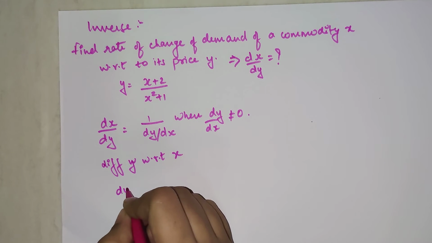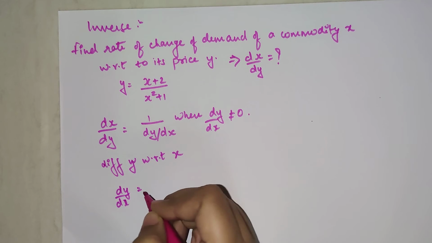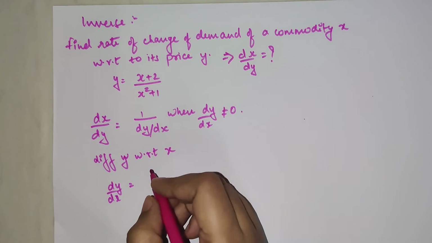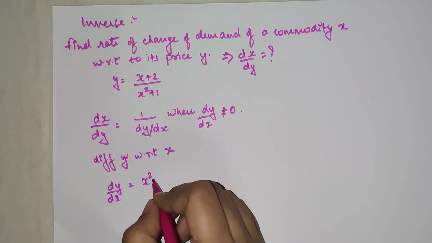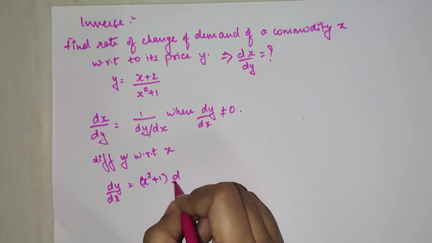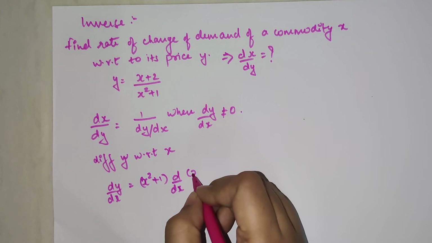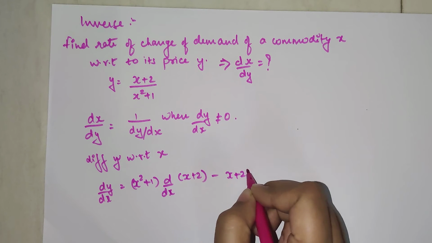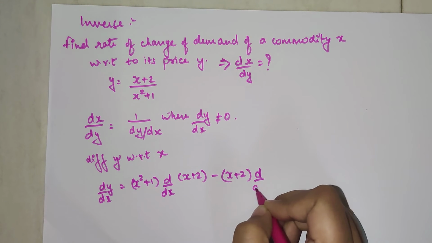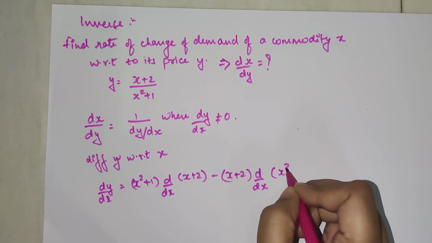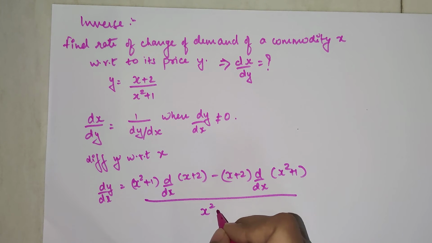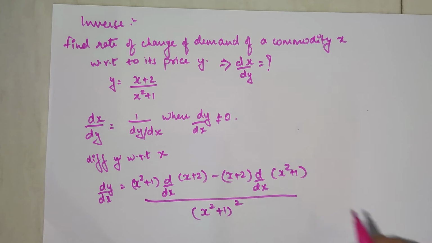So now understand dy by dx is equals to, it's a fraction, and as we know it's basically a quotient rule which we'll be applying. So quotient rule is what? Denominator into the differentiation of numerator minus numerator into the differentiation of denominator, the whole thing divided by denominator square.